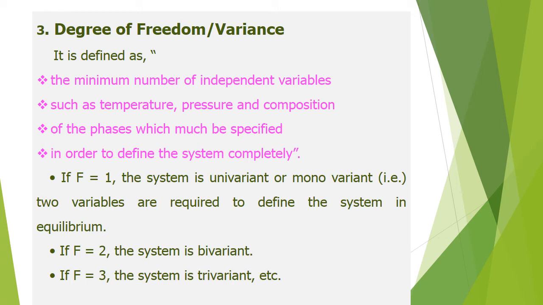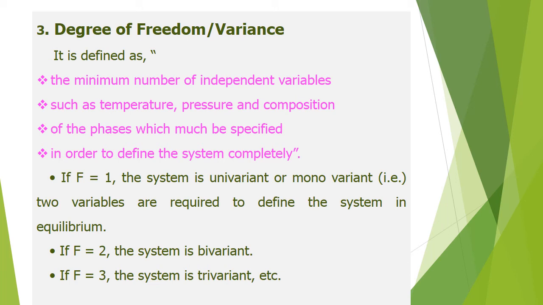Right? If F is equal to 1, we call the system a univariant system. You need not worry about degrees of freedom. Just calculate F equals C minus P plus 2, and whatever answer comes, that is your degrees of freedom. So if F takes the value 1, it is univariant. If F is equal to 2, it is bivariant. And F equal to 3 is trivariant.